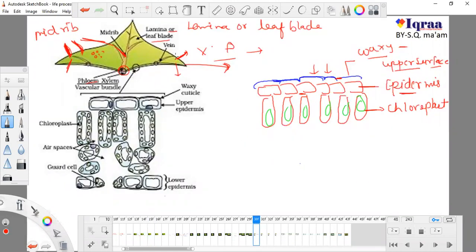The cells present green color due to chloroplast, and the chloroplast has chlorophyll, that's why it is green. So it is not the uppermost layer, it is approximately the third layer, and before it there is the epidermis and the waxy layer.